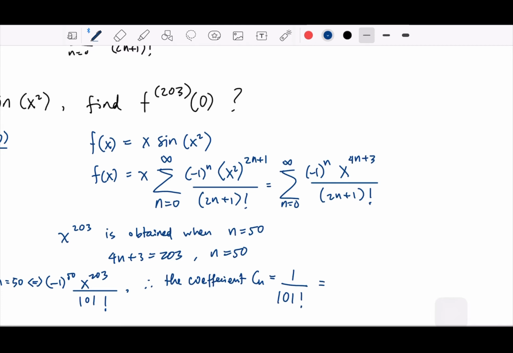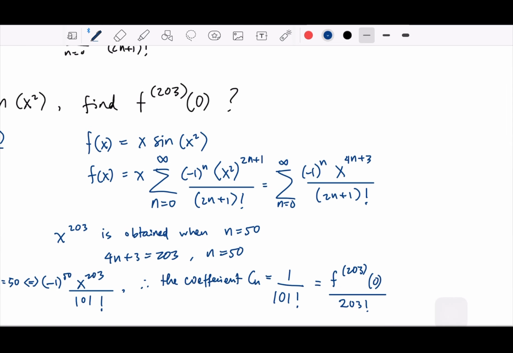Now this is equal to the f 203 derivative divided by 203 factorial. So by the end, f 203 is equal to 203 factorial divided by 101 factorial, and this will be our answer.